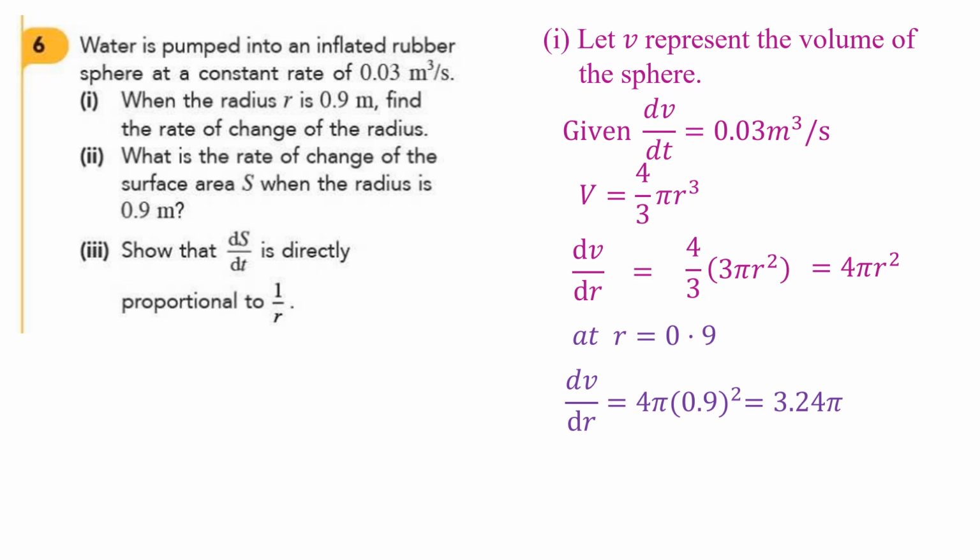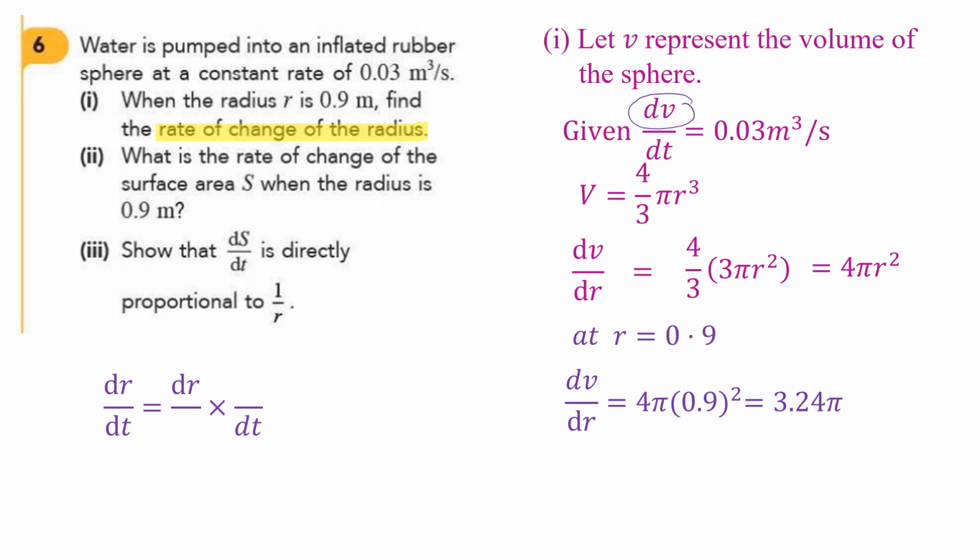And then we need to find the connected rate of change for dr over dt, which is easy. Remember I told you? dr will be the numerator of the first term, dt will be the denominator of the second term. Then what do you fill in the blank? If you look at what we have found earlier on, it's quite obvious. I'm finding dV over dr, I'm given dV over dt.